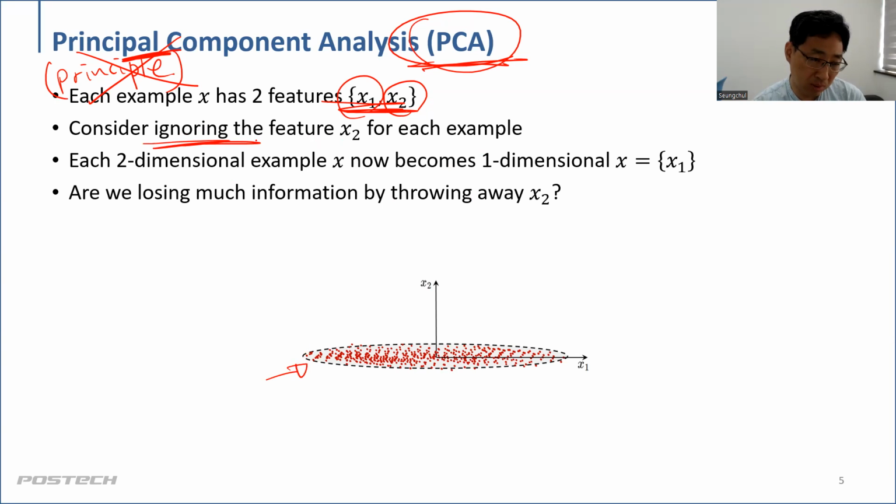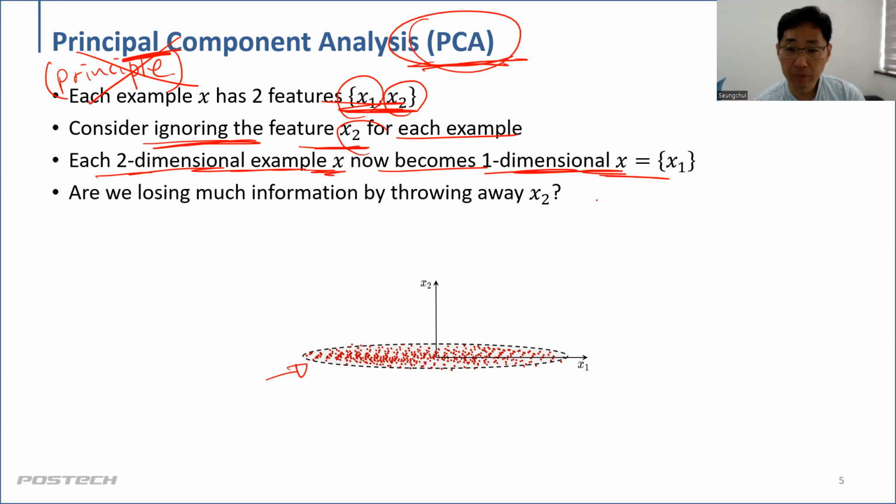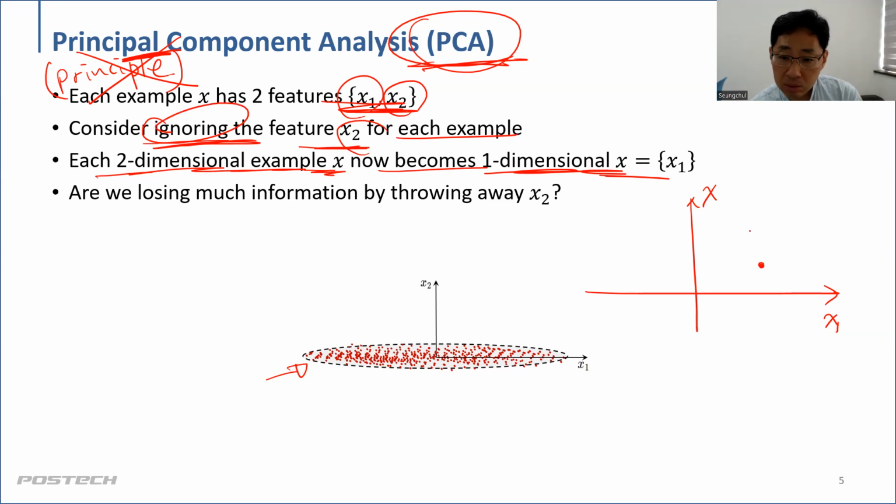Let's ignore feature 2, for example. Then each two-dimensional example of x becomes one-dimensional, just like that. Suppose your data is here.